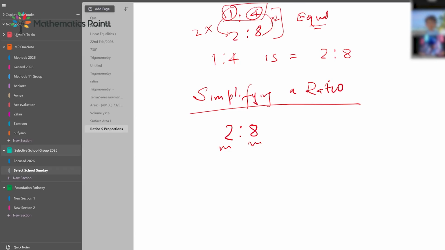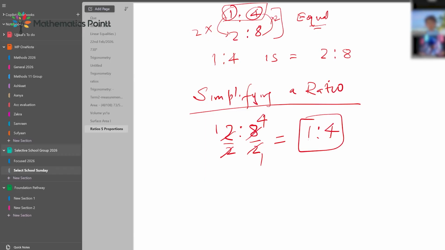In this scenario, it is 2. So I'm going to divide this by 2, divide this by 2. And then I get 1 and 4. So my simplified ratio is 1:4.